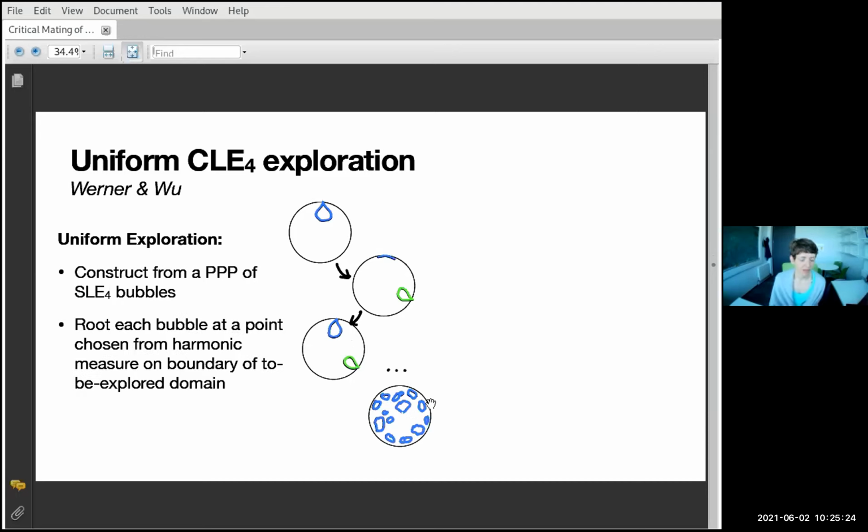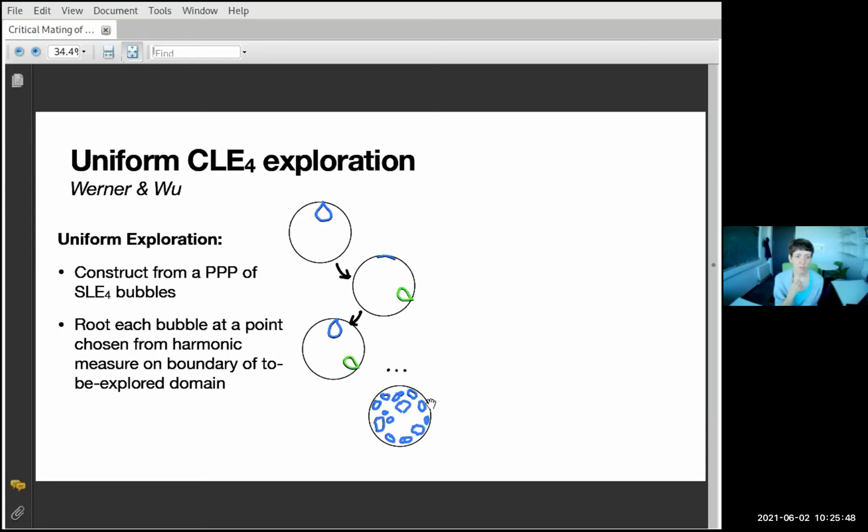What might not make total sense in what I just said, and it shouldn't, is when I was talking about the remaining to be explored domain. That only really makes sense if I've specified a target point in the domain, because in my exploration procedure, when I draw a loop, I cut the domain into some number of simply connected components, say 2.